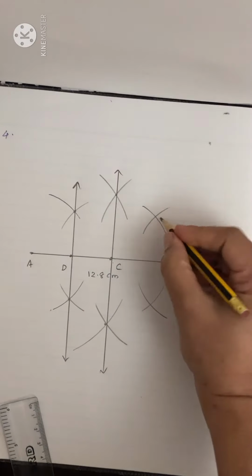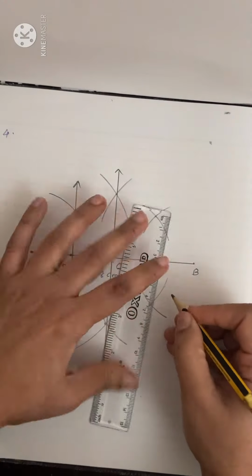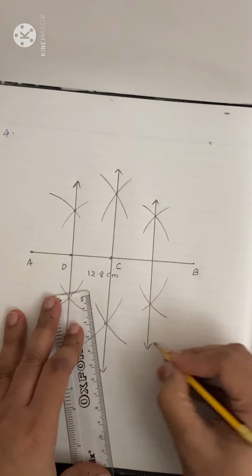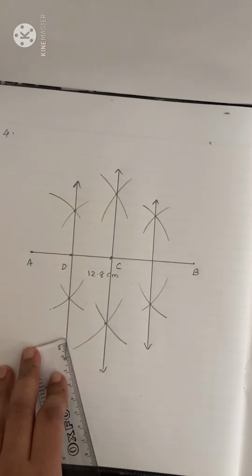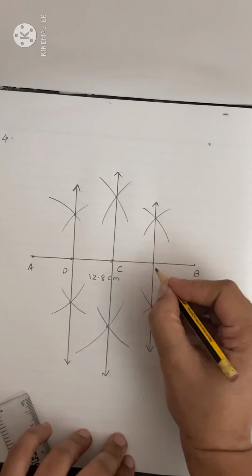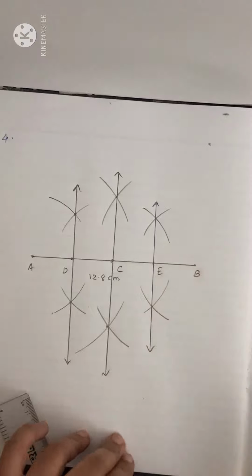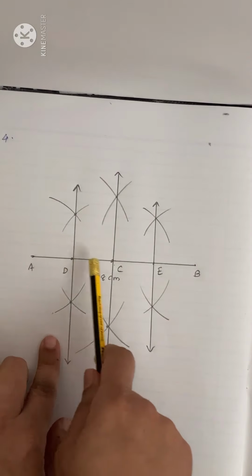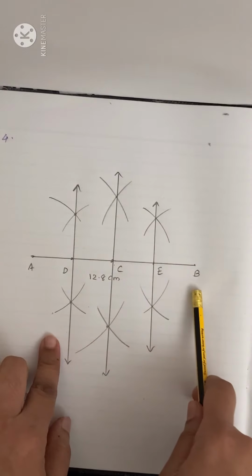Now join the intersecting lines and mark it as E. Now we divide the line segment into 4 equal parts: AD, DC, CE and EB.